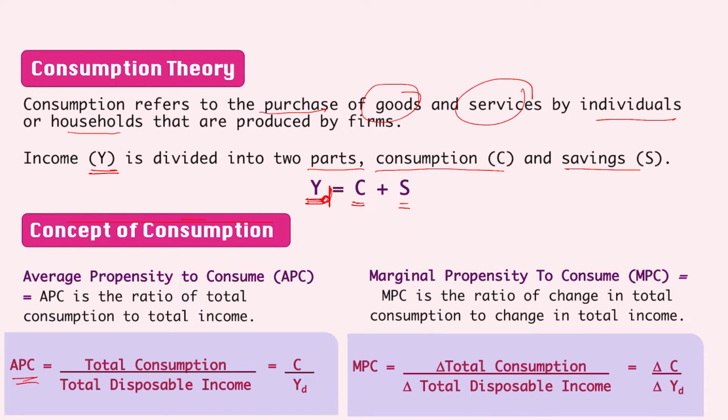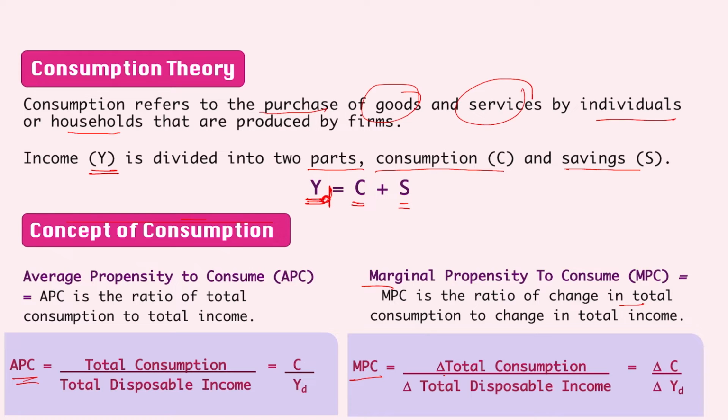Okay, and then we look at the marginal propensity to consume. It is the ratio of change in total consumption to change in total income. To calculate MPC, change in total consumption divided by change in total disposable income.